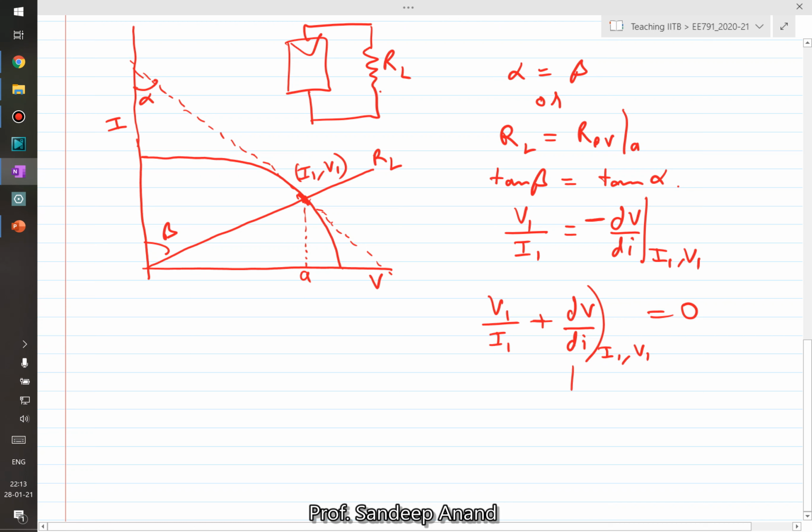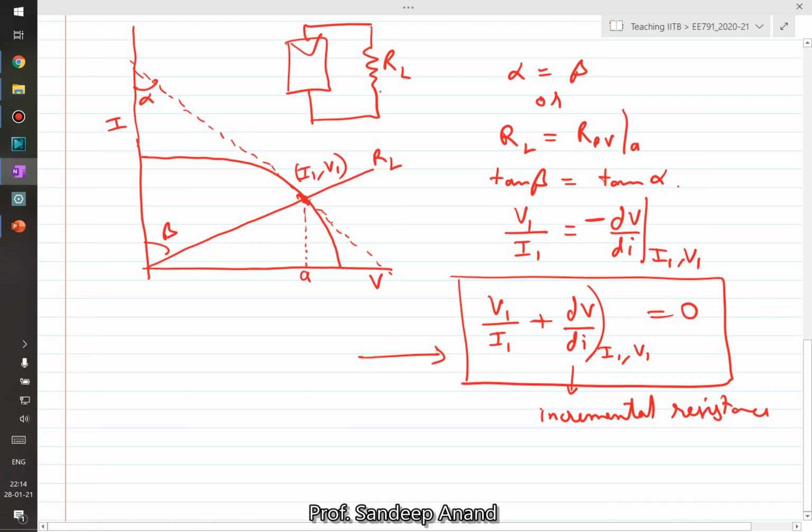This del V upon del I you can also call the incremental resistance, or small signal resistance, and this is the condition for maximum power transfer or maximum power point tracking.